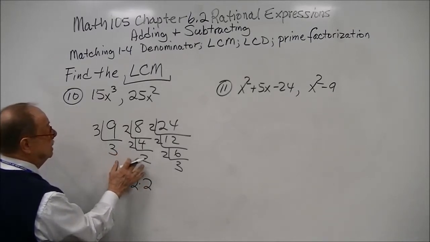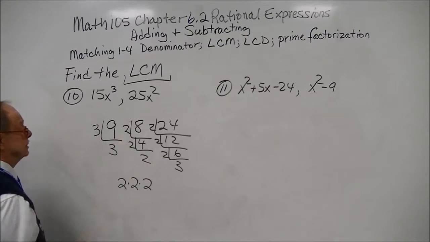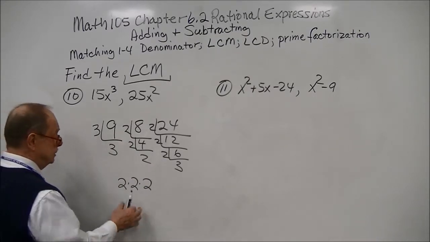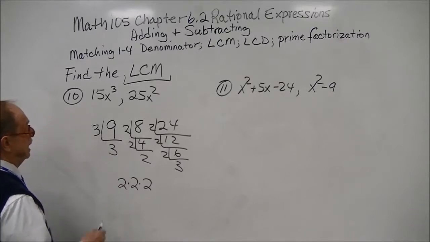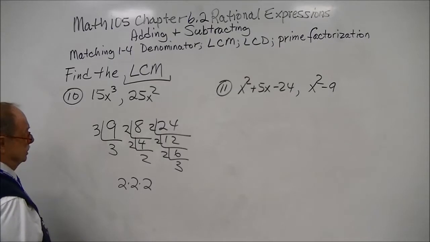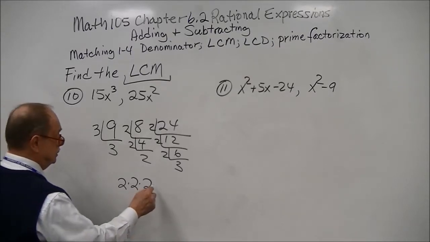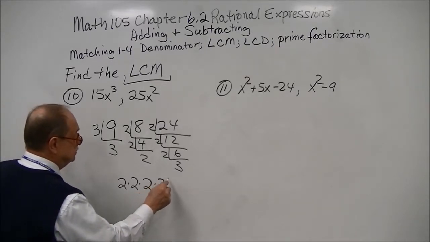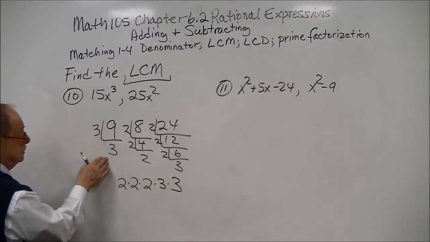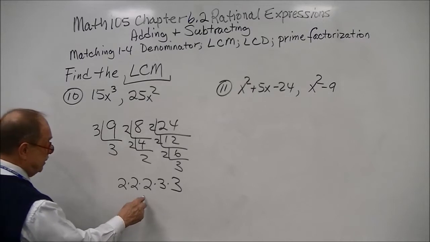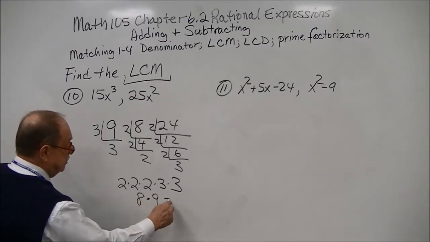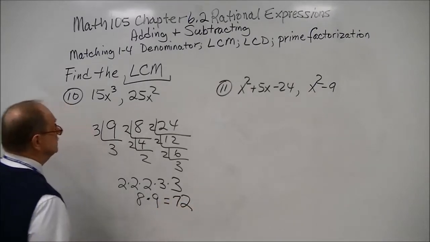Here it's 3 there and 3 there. So the greatest number of times in any one factorization is 3. And what's the greatest number of times that 3 is used? Well, it's used twice. Here it's only used once, but here it's used twice. So this is going to be 8 times 9, which is 72.